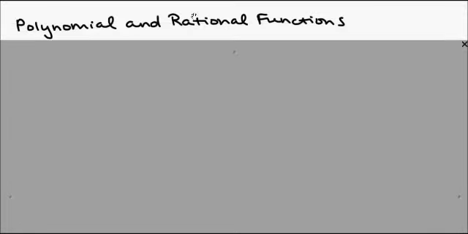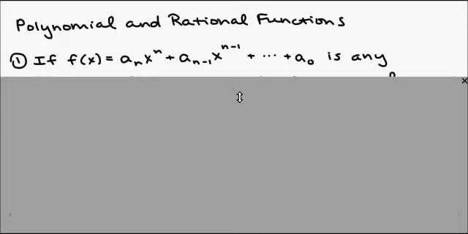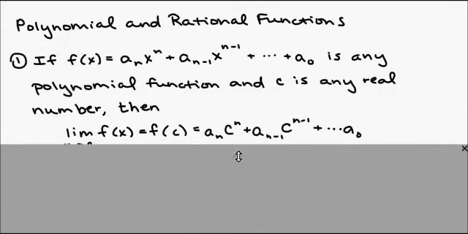Okay, let's cover some of this up. Now we're going to talk about polynomial and rational functions. So this is a theorem in your book on page 59. And you can see your first part of this.